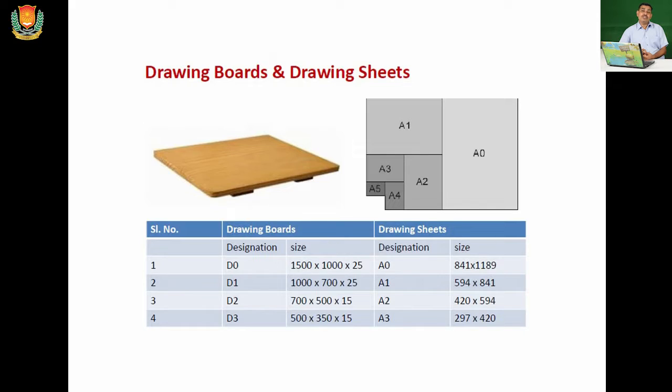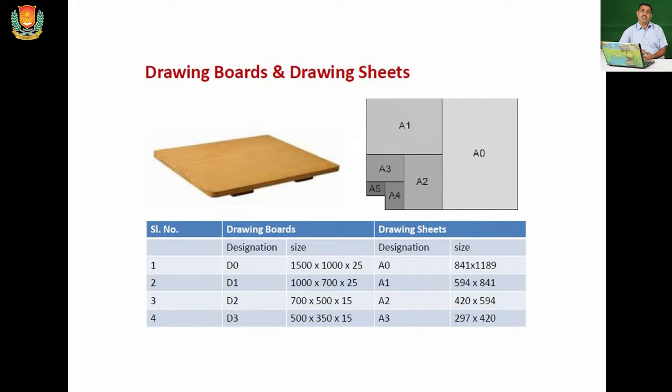The board is three-dimensional, with length, width and thickness, and the drawing sheet is two-dimensional, with length and width, because the thickness of the drawing sheet is very small, just like a paper, so we neglect the thickness of the drawing sheet. If we are using the D1 drawing board, then we will use the A1 size drawing sheet.